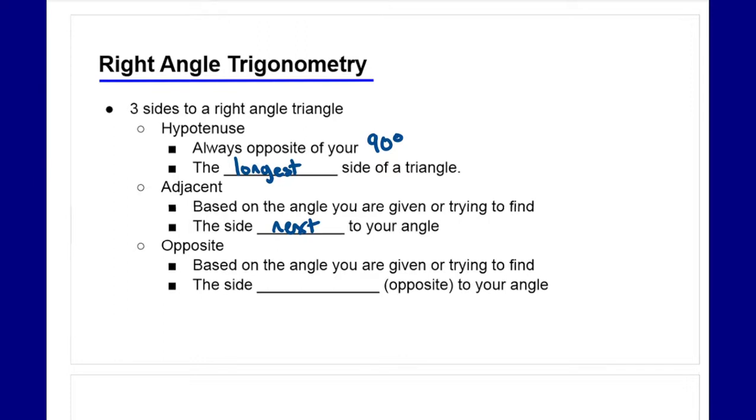The opposite is also based on the angle that you're given or trying to find, and it is the side opposite or across from your angle. The adjacent and the opposite may change depending on the question. The hypotenuse won't change. It's always going to be across from that 90-degree angle.